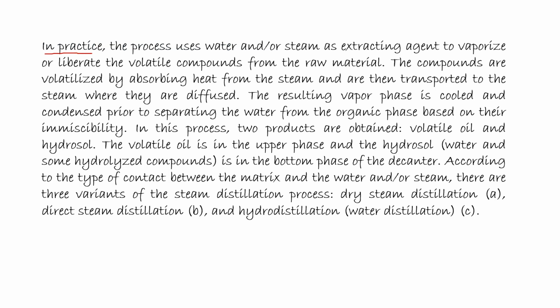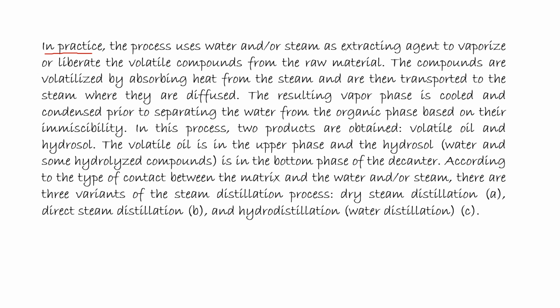In practice, the process uses water and/or steam as extracting agent to vaporize or liberate the volatile compounds from the raw material. The compounds are volatilized by absorbing heat from the steam and are then transported to the steam where they are diffused.